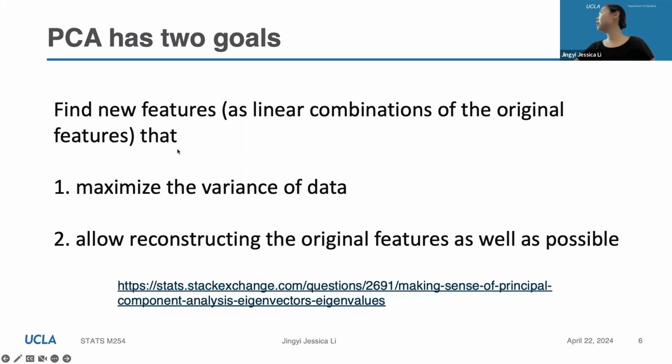So we talked about the detail last time for goal 1, but goal 2 is what we will continue talking about. Allow reconstructing the original features as well as possible. Say that we have P original features, we reduce them to K PCs.